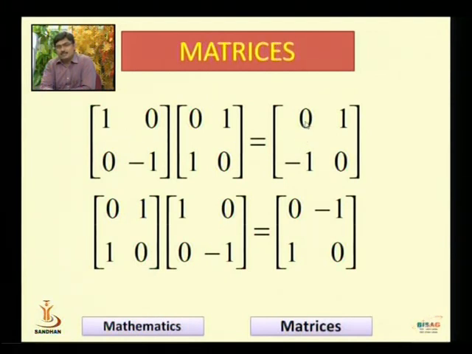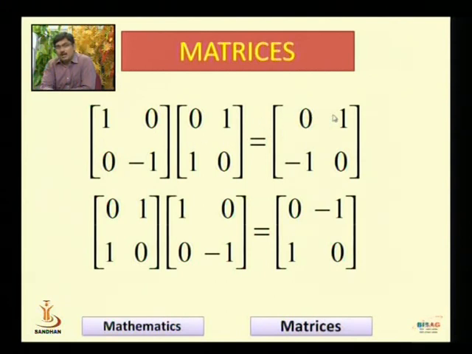The first element is found like this: multiply the first element of the first matrix by the first element of the second matrix. So it is 1 multiplied by 0. It is A11 multiplied by B11. Then it is A12 multiplied by B21. So this multiplication is going to give me 0.